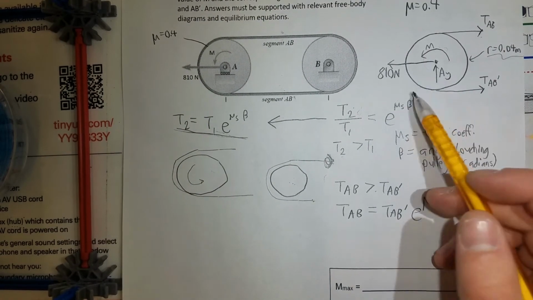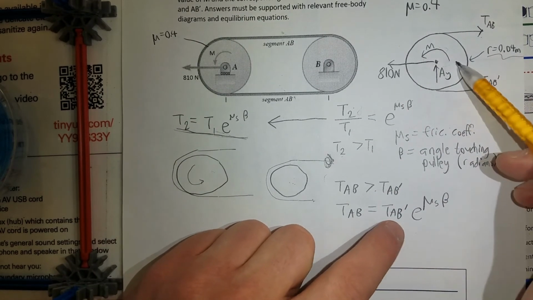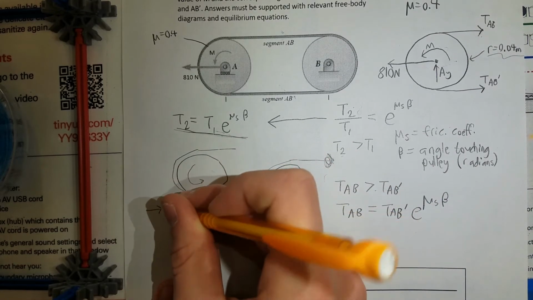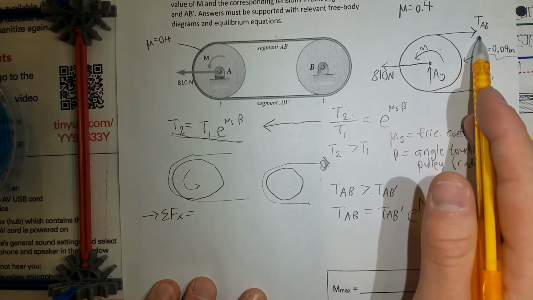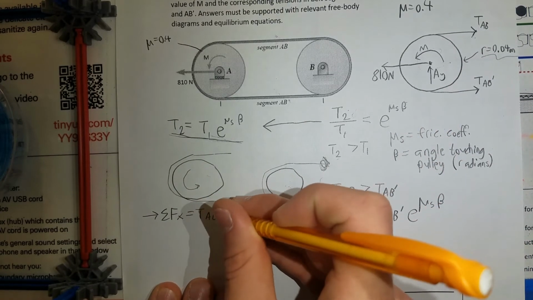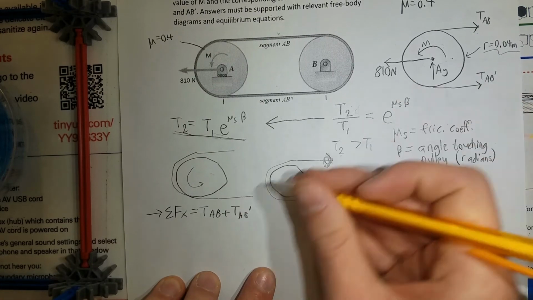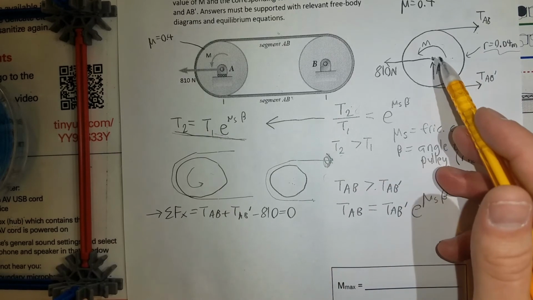Now we're also going to want to look at our equilibrium equations on this free body diagram here. If we sum the forces in the x, we get TAB plus TAB prime minus 810 is equal to 0.